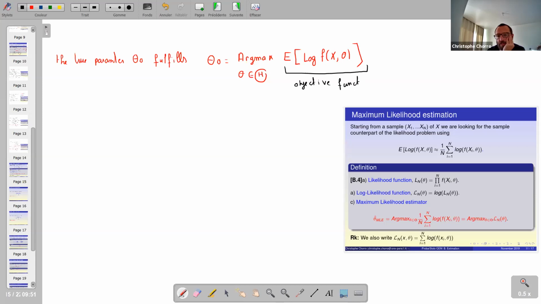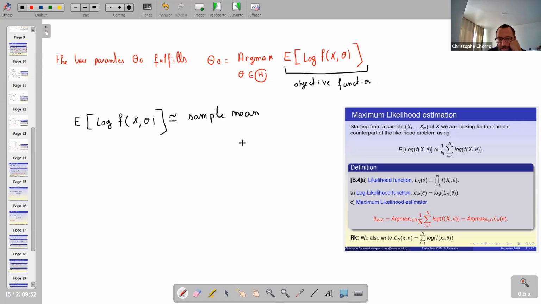Let's approximate this objective function. This objective function is an expectation. But we have seen in the previous chapter how to approximate an expectation. If I have observations of capital X, that I call X1 to Xn, the n sample, that is n independent random variables having the same distribution as capital X, I know that I can approximate the expectation using the sample mean.